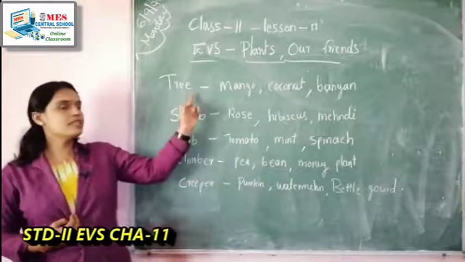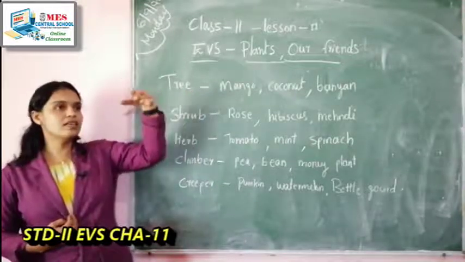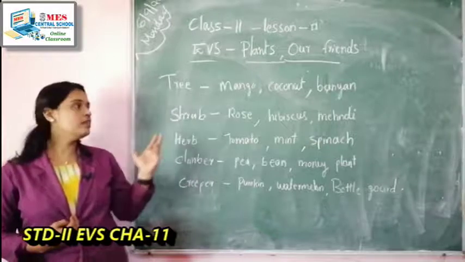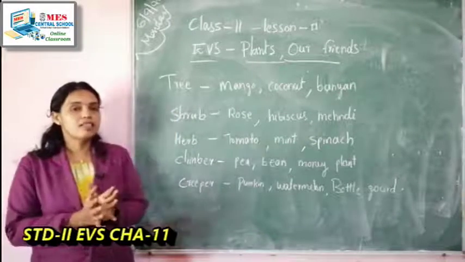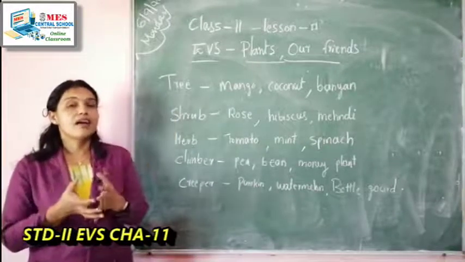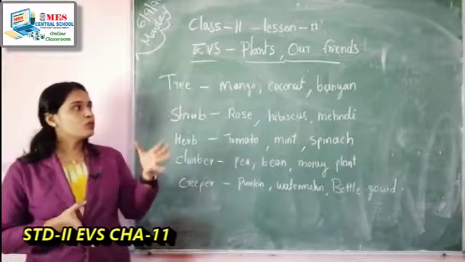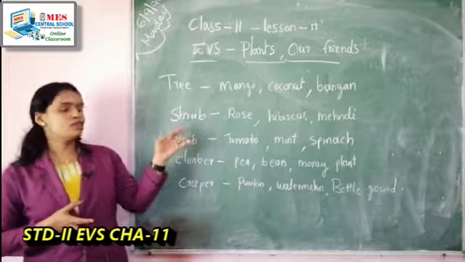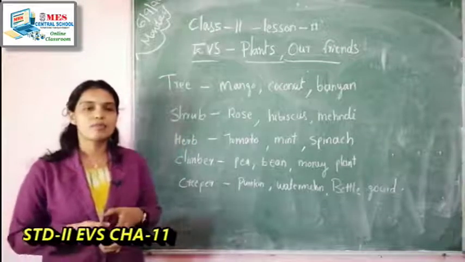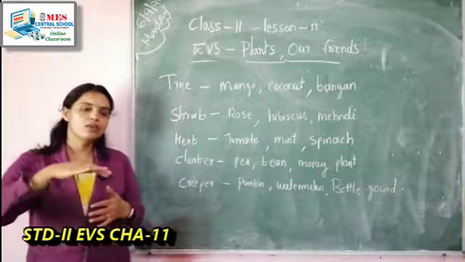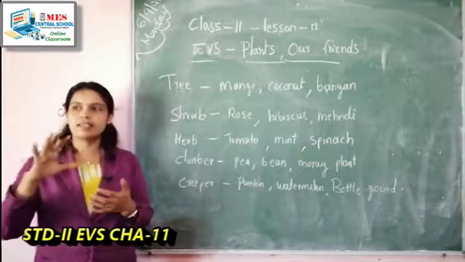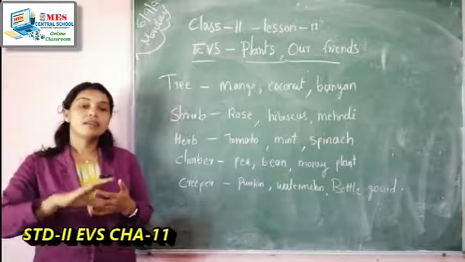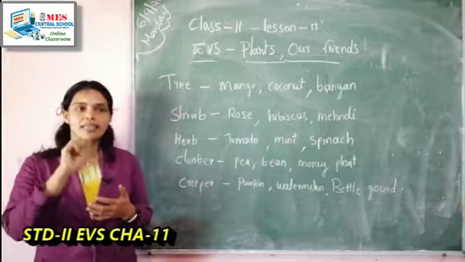Trees we know are big and tall, and the stem is very hard and thick. The stem is called the trunk. Shrubs, compared to trees, are small, but the stem is hard and thin.